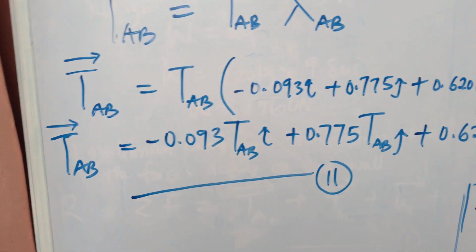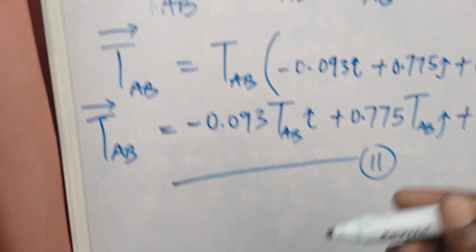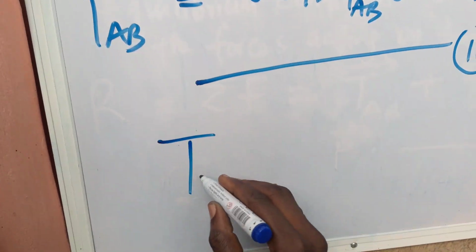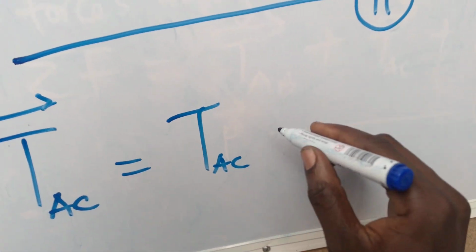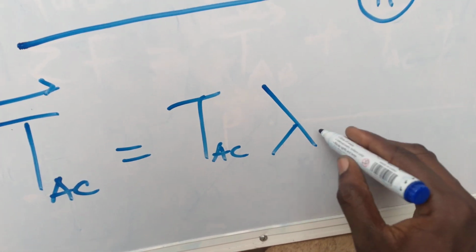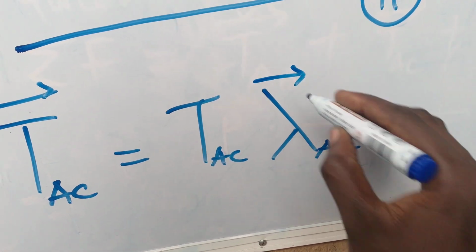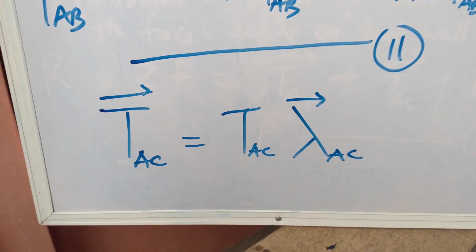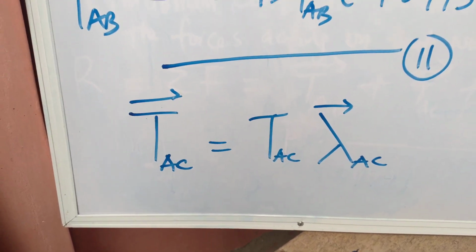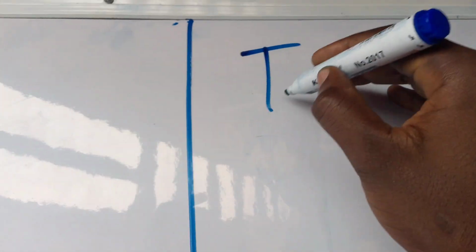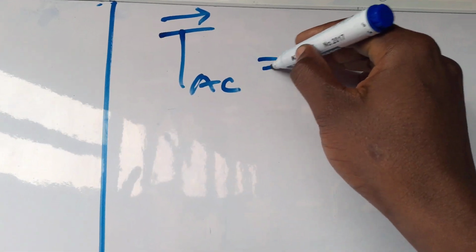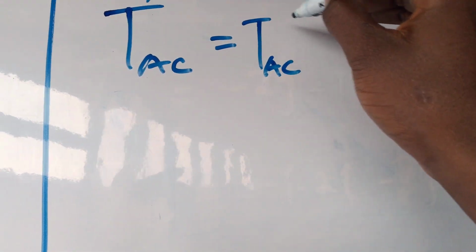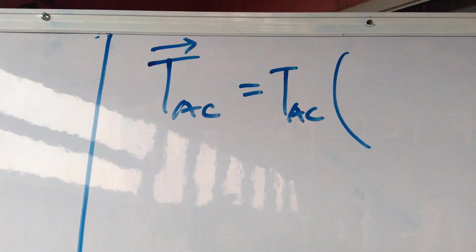Then we consider cable AC. The tension force vector TAC equals tension AC times lambda AC.